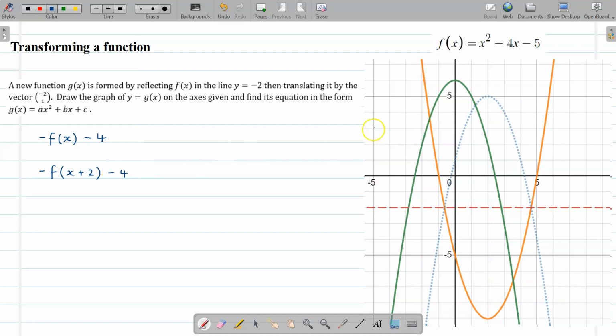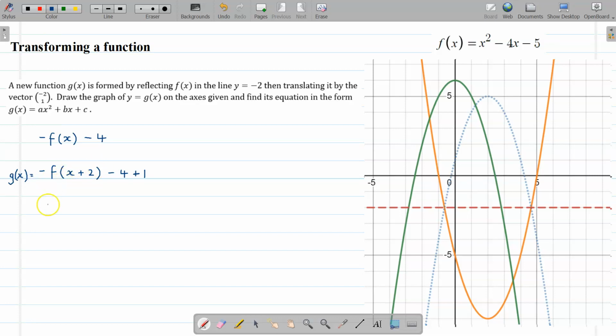And if we want to move it up 1 place from where it is, we just simply add 1 to the end. So our new function g of x could be expressed like this, in terms of f of x. But we're going to tidy that up now and give it in the form that it wanted.